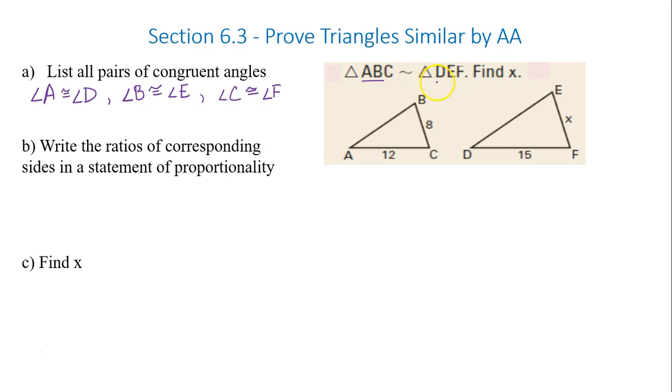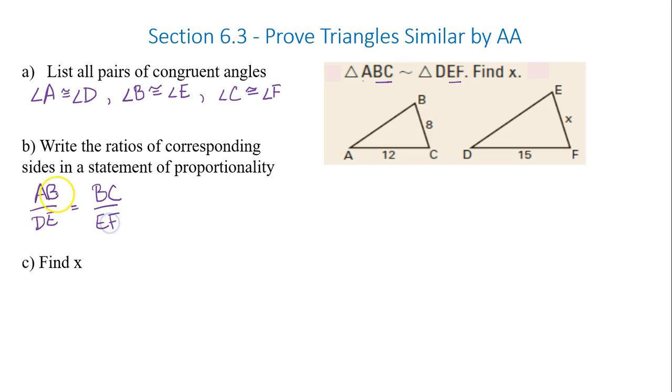So AB corresponds to DE. So write that as a ratio: AB over DE. And that is going to be equal to, let's do that again, but with the next two letters, starting with B: BC over EF.